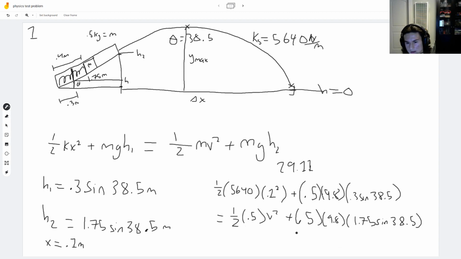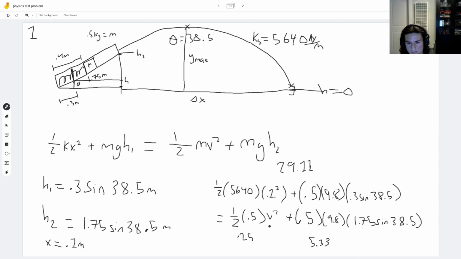And so then I'm going to just add all this together and then add all that together. This is 0.25. But yeah, so 0.5 times 9.8 times 1.75 sine 38.5.